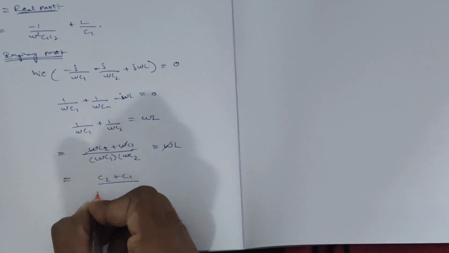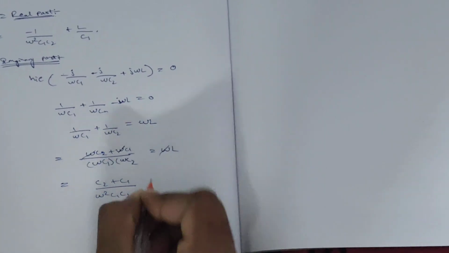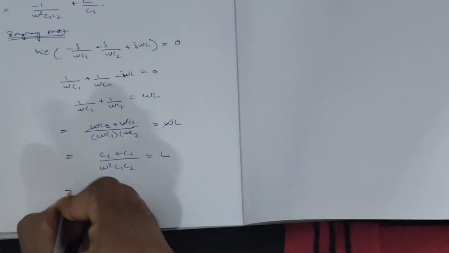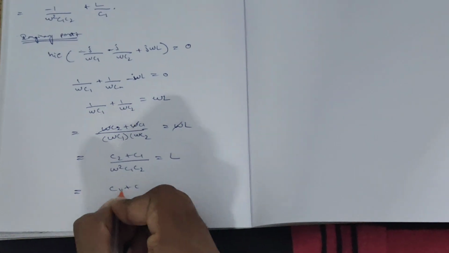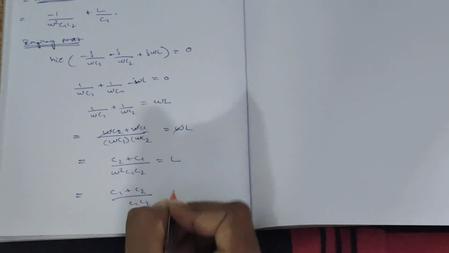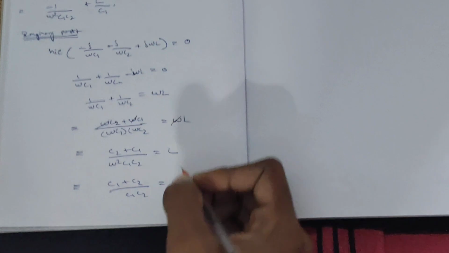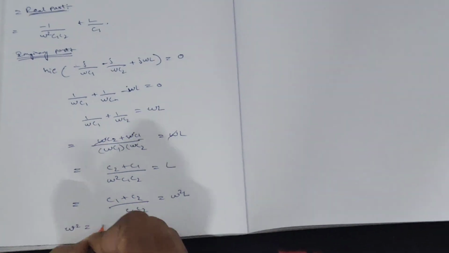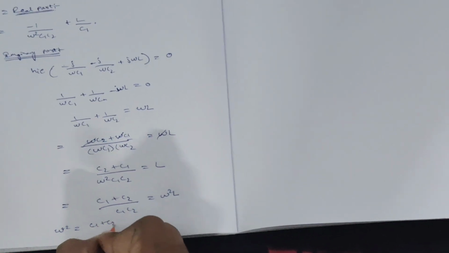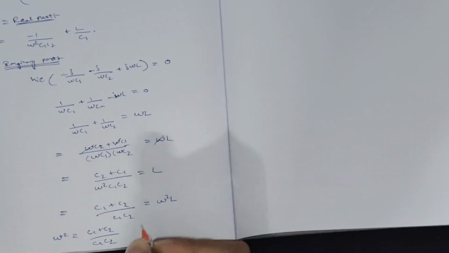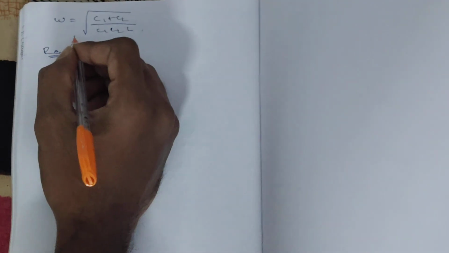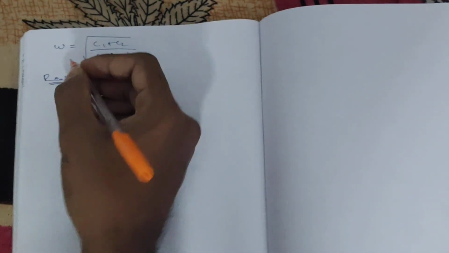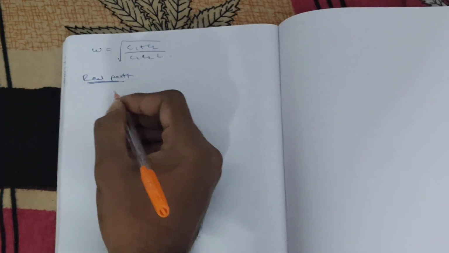C2 plus C1 by omega square C1 C2 equals L. So C1 plus C2 by C1 C2 equals omega square L. Now omega square equals C1 plus C2 by C1 C2 L. From the imaginary part, we get omega equals under root of C1 plus C2 by C1 C2 L.